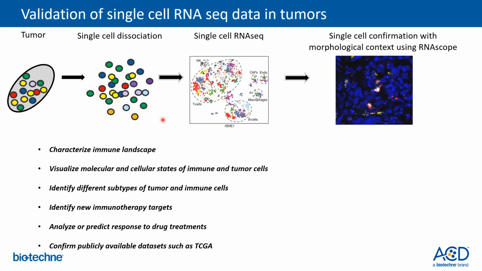While it provides specific single-cell information, what we do not get is the spatial and morphological context that is lost in this technique. So a lot of our researchers perform single-cell RNA sequencing, get the single-cell specific information, and then validate this information using the RNAscope assay. This provides validation as well as helps them spatially map their target genes and cell populations in a tissue context.